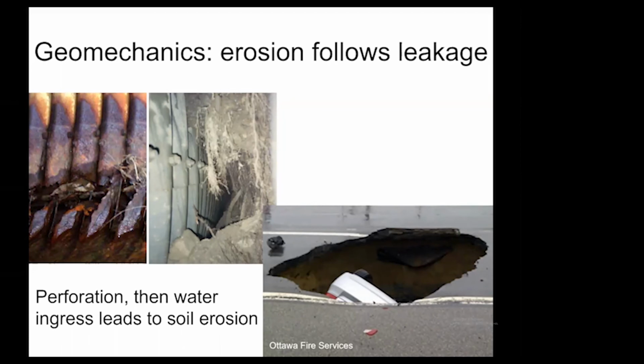And then if we don't control that erosion, the picture on the bottom right of this screen is what can result. And this was actually what happened when a corrugated steel culvert in Ottawa, Ontario, the erosion void became so large that it came up under the road over the top. And of course, you can sort of see the poor man that was driving this car ended up in this sinkhole.